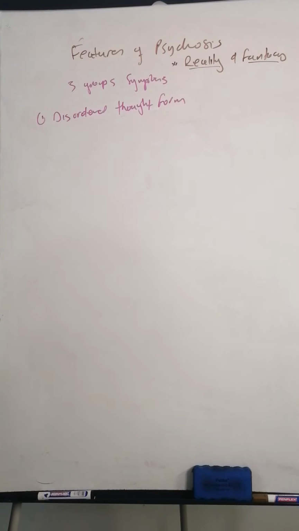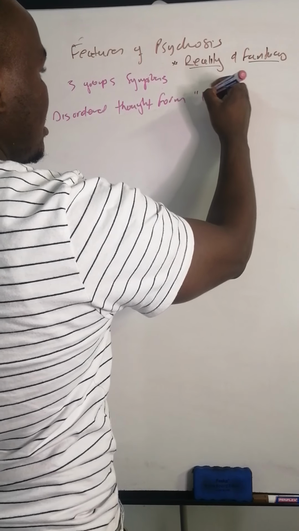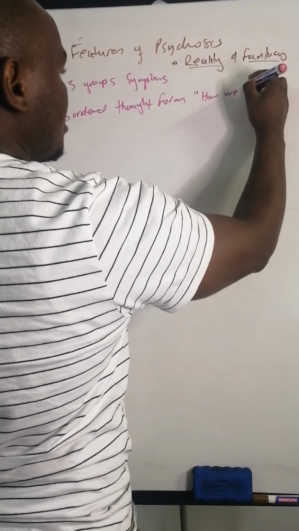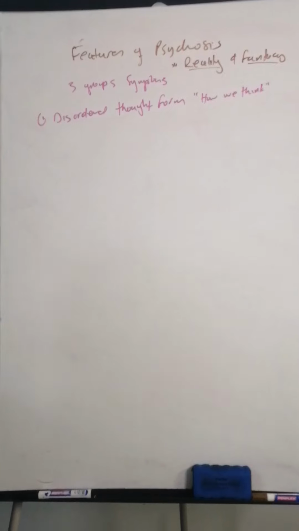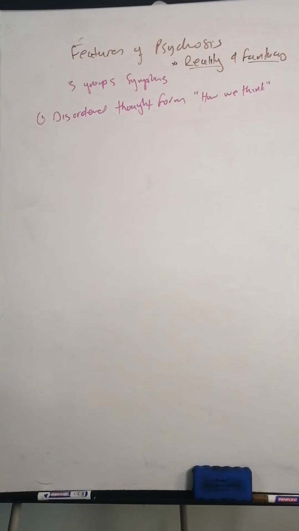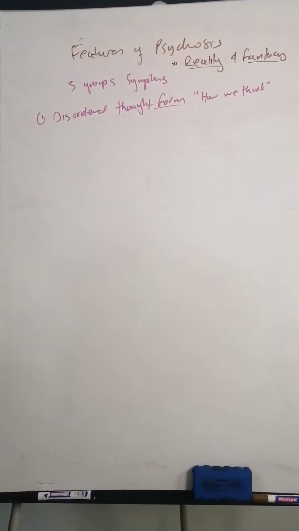Disordered thought form is basically how we think. So they've got a disordered thought form, forming thoughts, how we think, and that thought form manifests as disorganized speech.